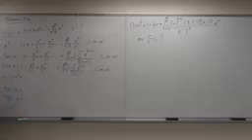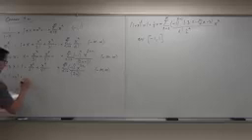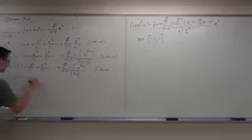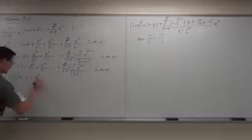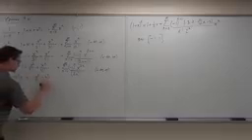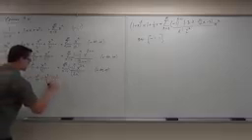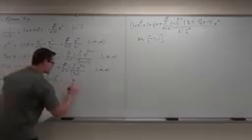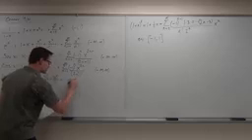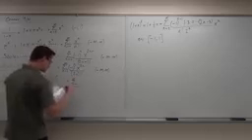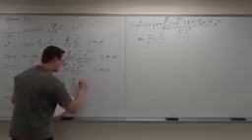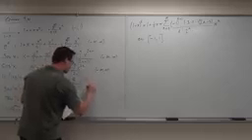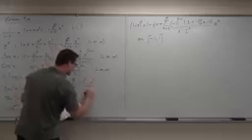Okay, ln of 1 plus x. We have x minus x squared over 2 plus x to the third over 3 minus x to the fourth over 4. I don't remember if we did this one or not. This is the series from n equals 0 to infinity, negative 1 to the n minus 1, x to the n over n.